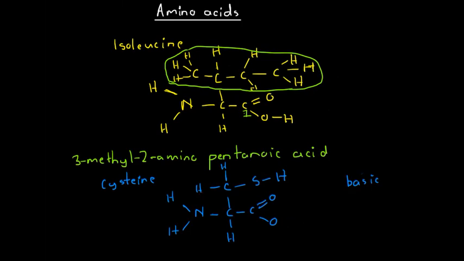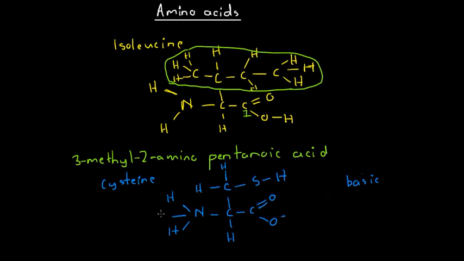So it's going to lose this hydrogen here and become a negative ion. Now, there's also a very interesting case. If we put cysteine into a solution of precisely the right pH, very finely balanced at the right pH. So this should actually be obviously a negative charge here, not a positive charge.